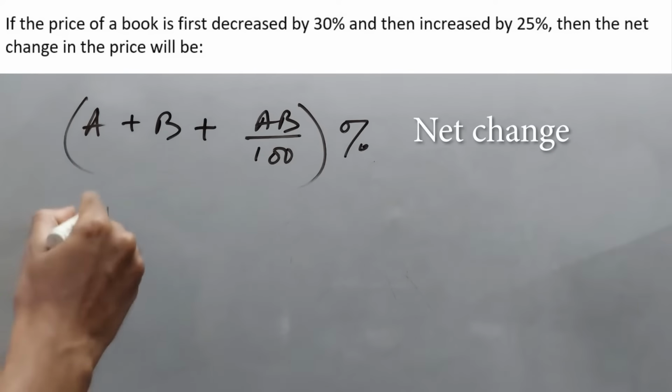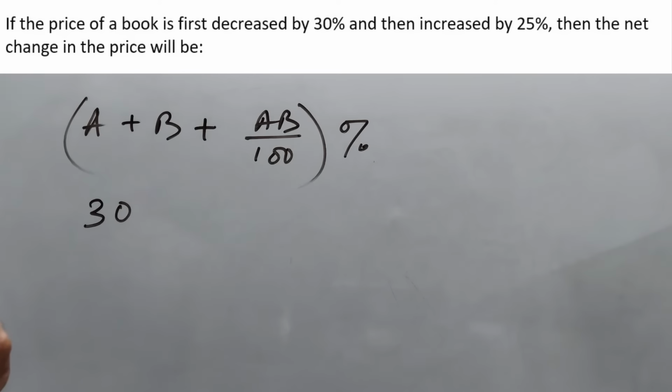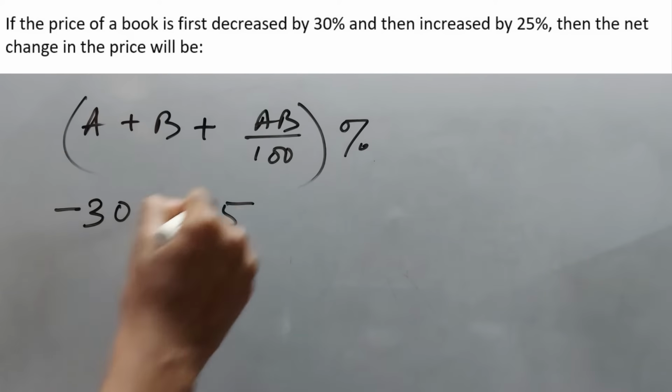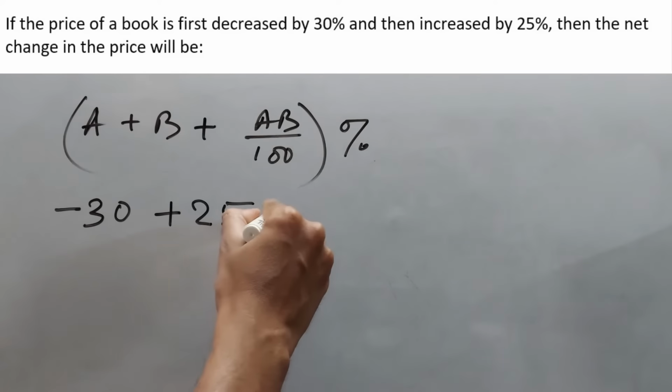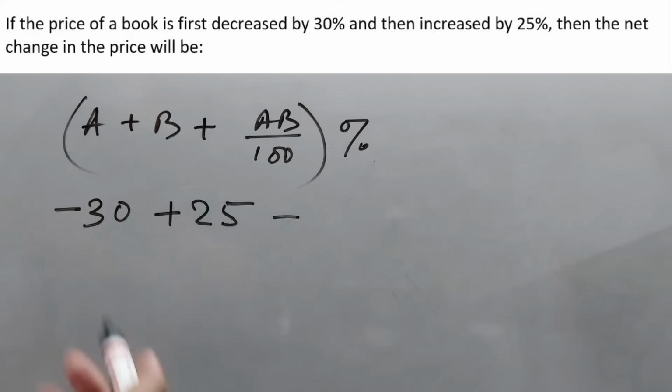Now what is A? That is 30. But this is not 30. Initially it was decreased, so minus 30, right? And then increased by 25%. That means plus 25. Simple. And here it will be minus, because minus and plus, if it is multiplied, definitely the result will be minus.